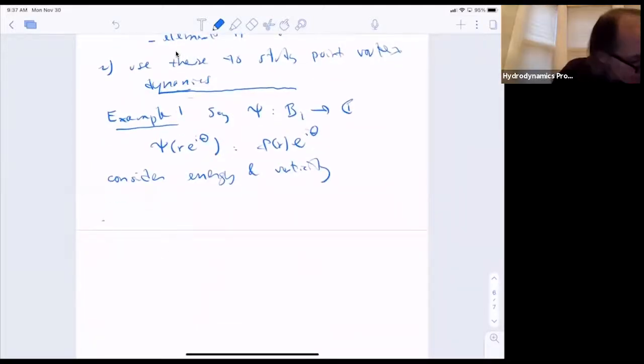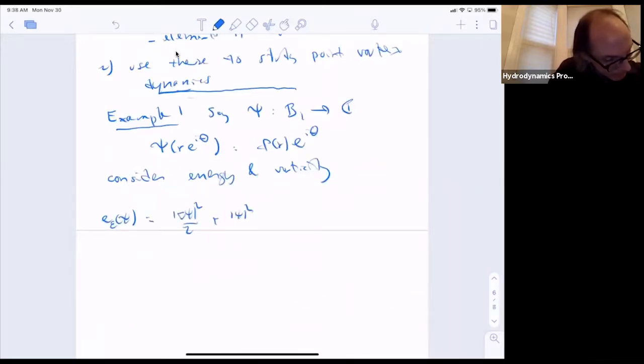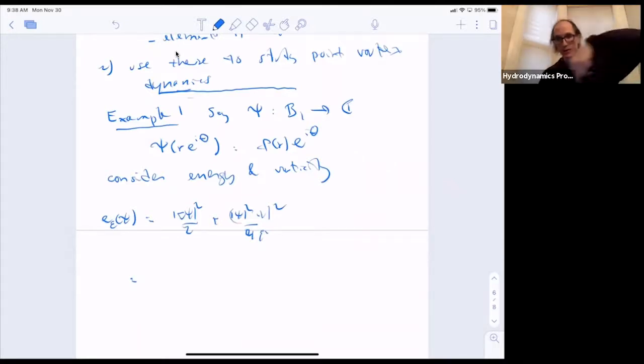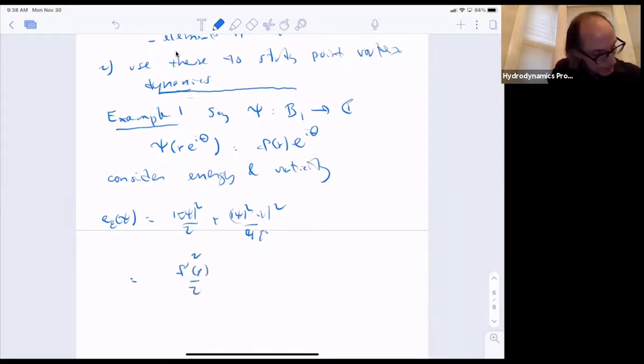So energy. Okay, and so in terms of this, the phase rotates once, it's e^{i theta} times some amplitude f. Okay, and so we easily compute that, if I differentiate this, then when I differentiate with respect to r, I'll get f prime squared.